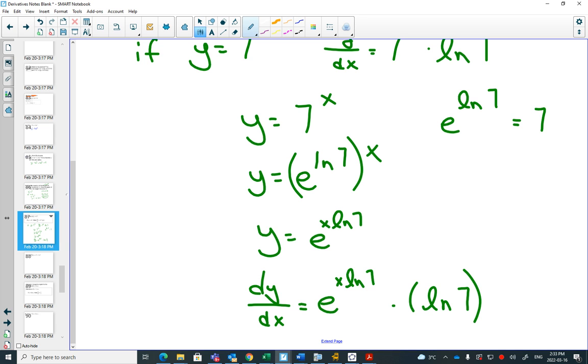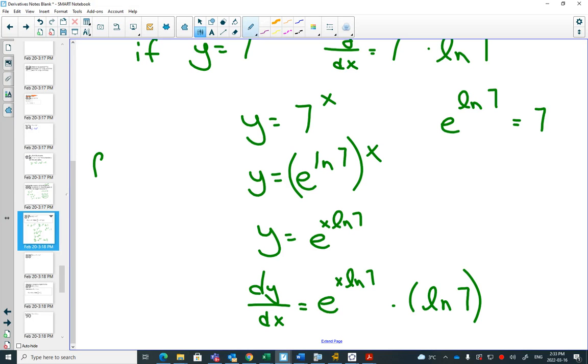Question? Yes? Is it just the e to the exponent? Right, so the way that we look at inside function, outside function, okay?